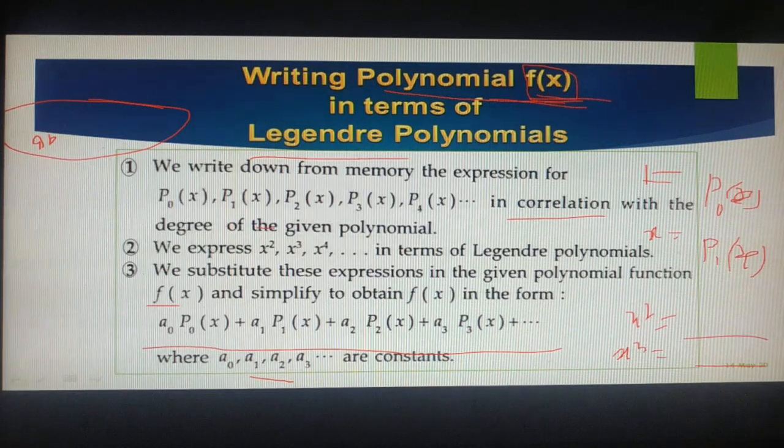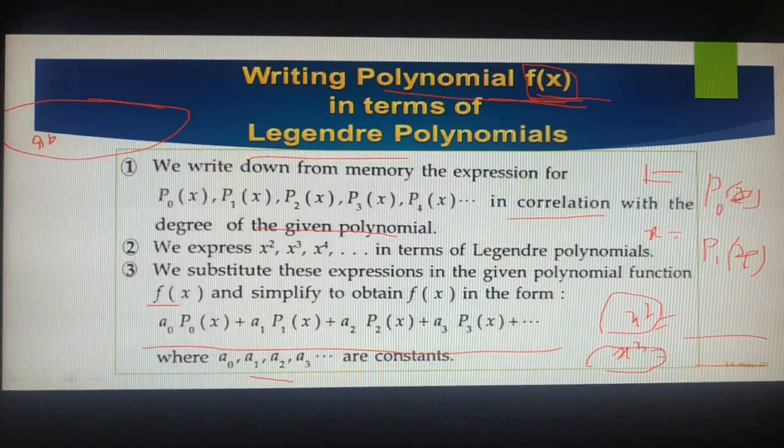Correlation with the degree of the given polynomial means if they give a second order polynomial, then at least you have to find all these values up to x square. If they give a third order polynomial, a regular polynomial, you have to write x cube in terms of Legendre's polynomials first.